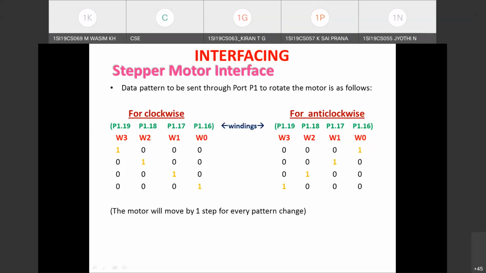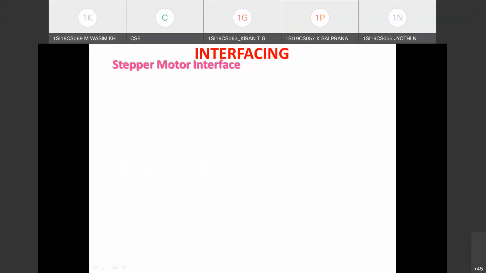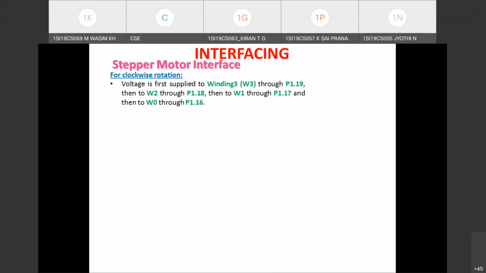Okay. So now coming to the clockwise rotation, we'll see it in still more detail. As I've already explained in the previous slide, for clockwise rotation, the voltage is first supplied to winding 3, through which pin?